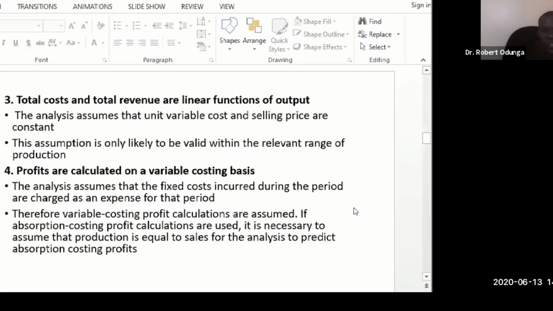They do not change. But when you increase your production, you incur more of the variable cost. So variable cost directly affects the profit more than the fixed cost. And we'll see that in our application of the model.